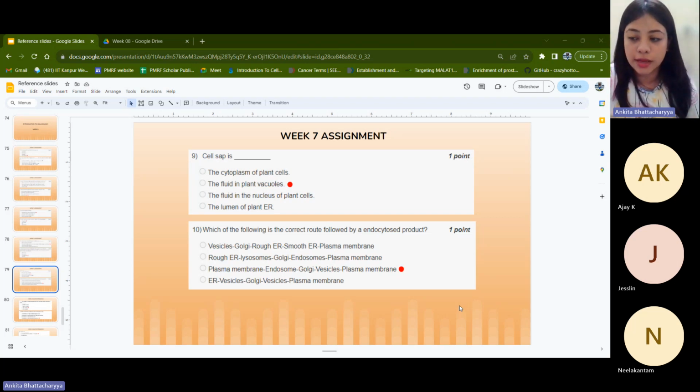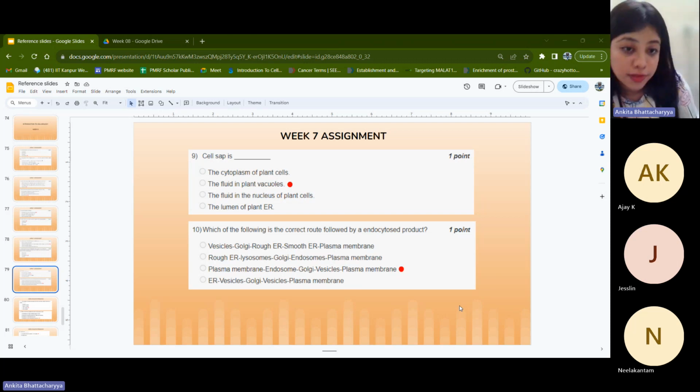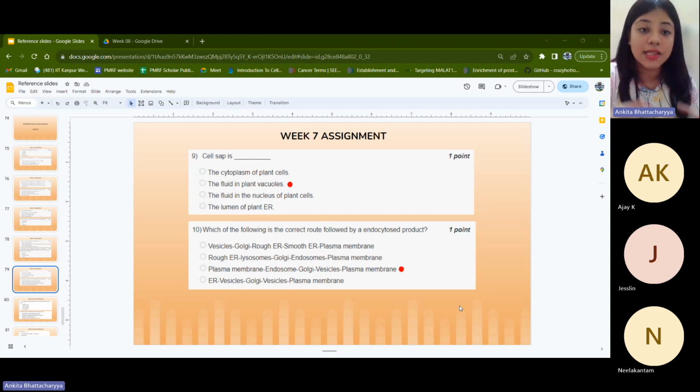Analogous to my example, it is like a person who is not capable of traveling by themselves in the cellular environment, because the cell's interior is not somewhere the food product is supposed to be. The cell's interior is very strongly protected. It has a definite pH, it has ions, it has a very complicated architecture inside. So nothing can just enter as and when it wills. It has to be protected, it has to be brought inside an endosome. That endosome is pinching off from the lipid bilayer on the surface.